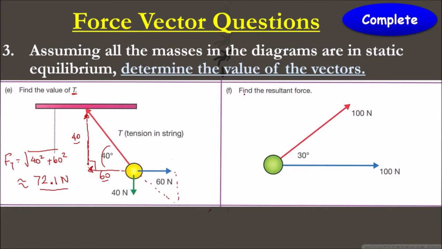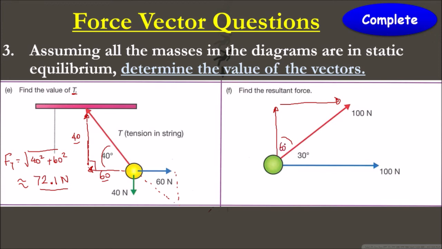Okay. Question F, find the resultant force of these two arrows. Again, if you recall, this diagonal arrow will have a vertical component here and a horizontal component here. This angle that we have here, assuming that this is going directly up, which is what a vertical component should do, these two angles should add up to 90.